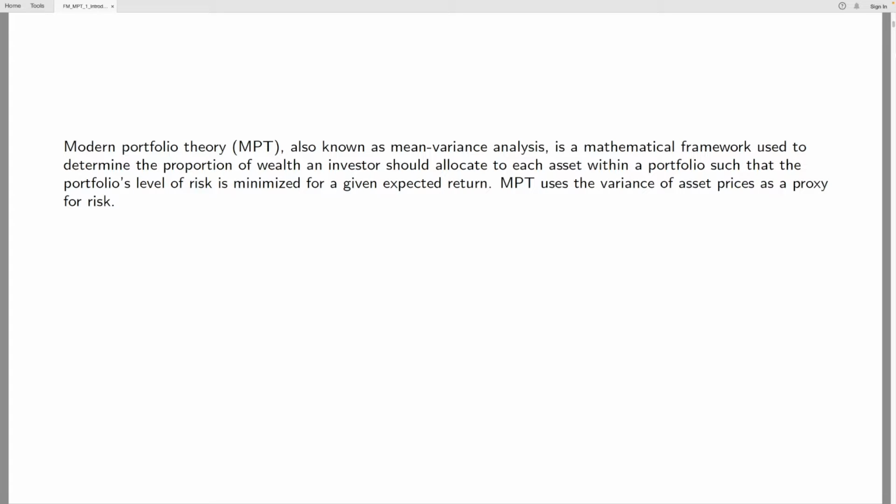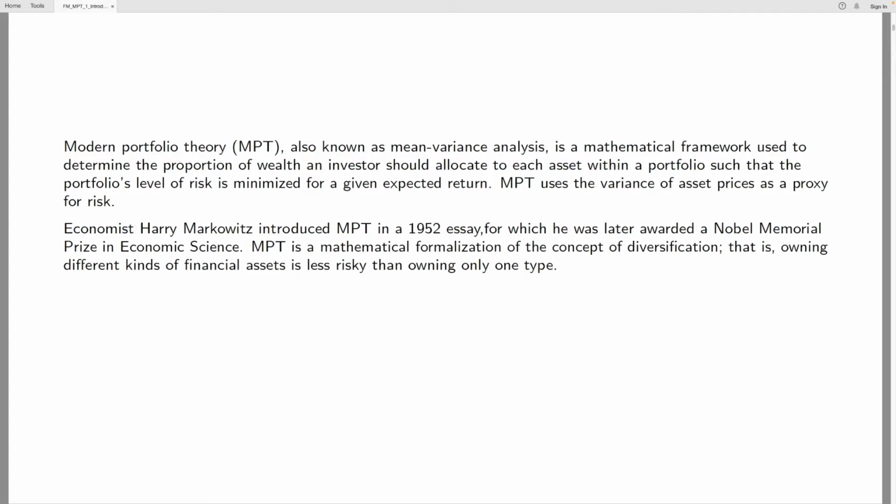It's done in such a way that the portfolio's level of risk is minimized for a given expected return. Now, MPT uses the variance of asset returns as a proxy for risk. Hence why it's called mean variance analysis.